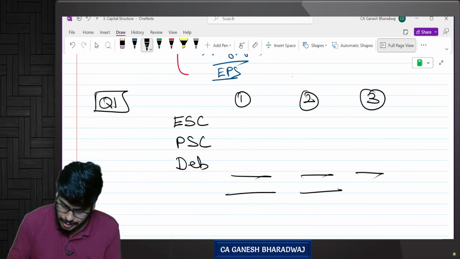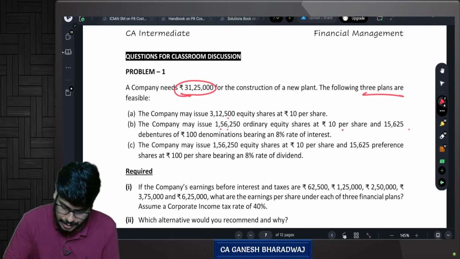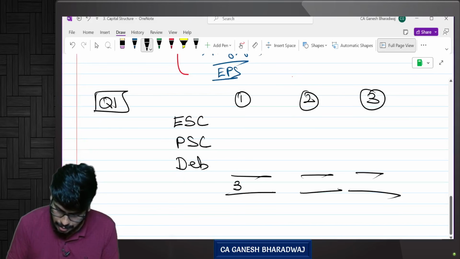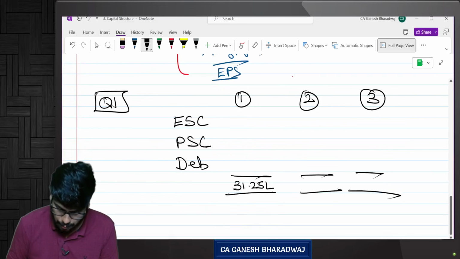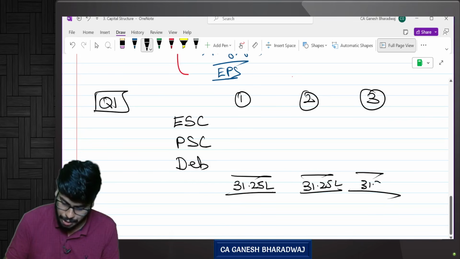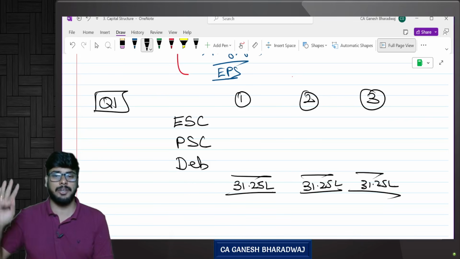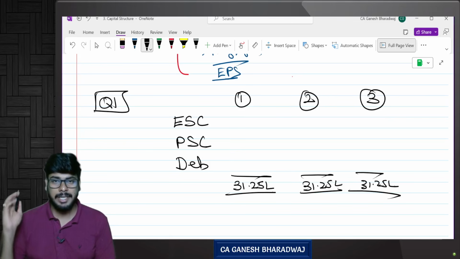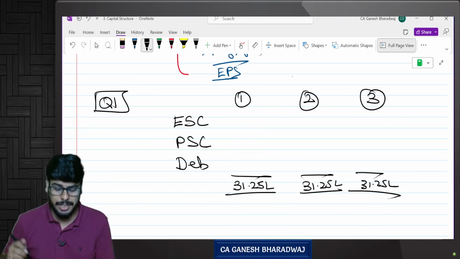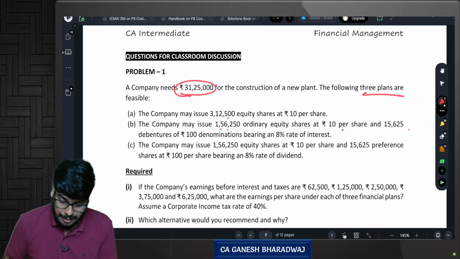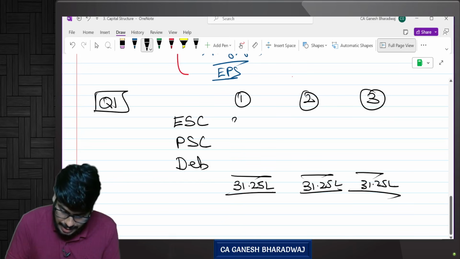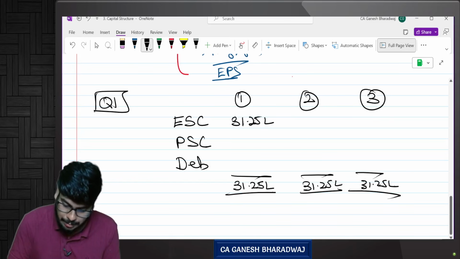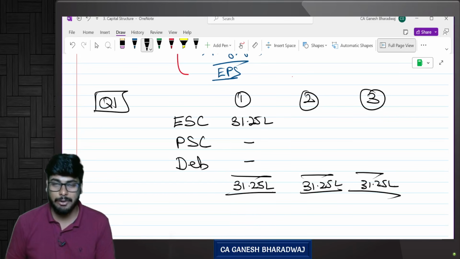In all the three cases, the amount they need is 31.25 lakhs. In all these three scenarios, overall amount that they are raising is 31.25 lakhs. There is no change in this. But the first alternative says it is entirely raised through the equity channel. That is, the entire 31.25 lakhs comes from equity, zero preference and zero debentures.